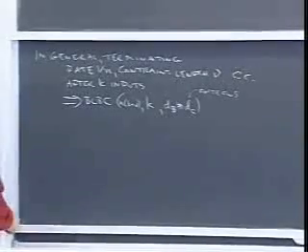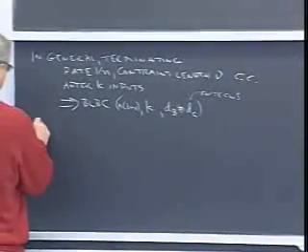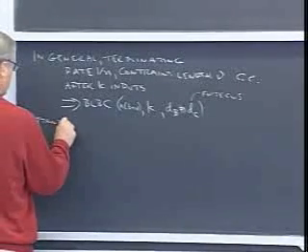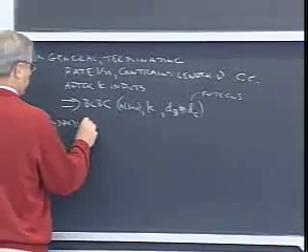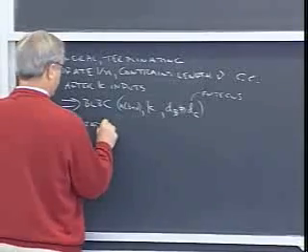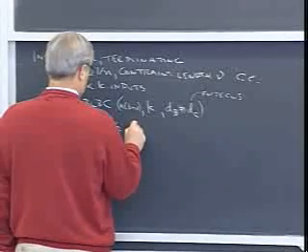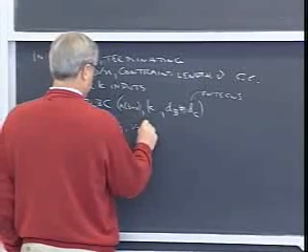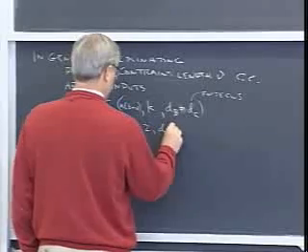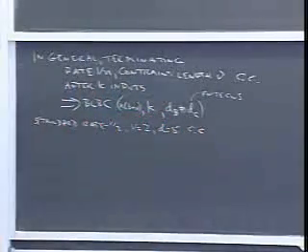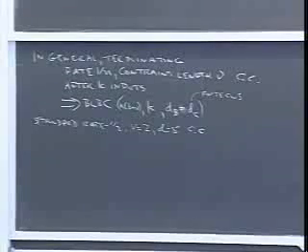So, as another example, suppose we take our standard rate 1/2, nu equals 2, distance equals 5, convolutional code. Our example 1 that we've been using all along.